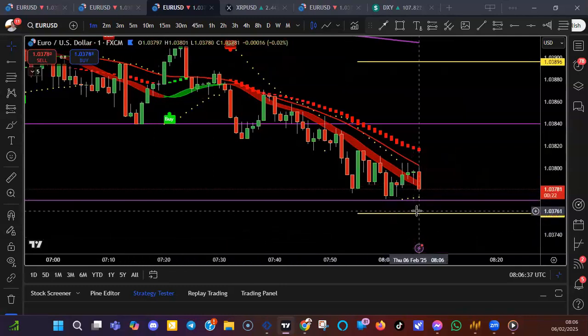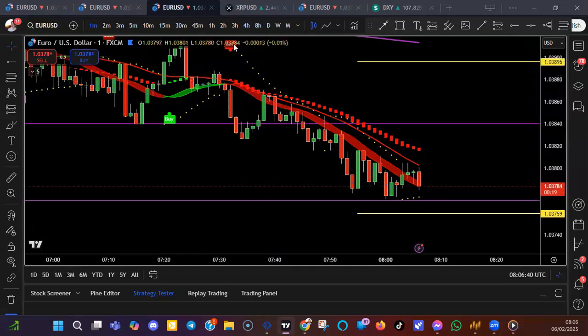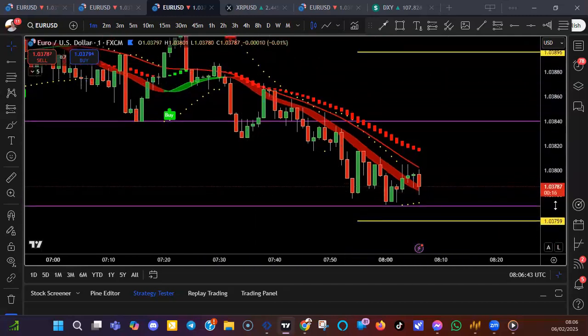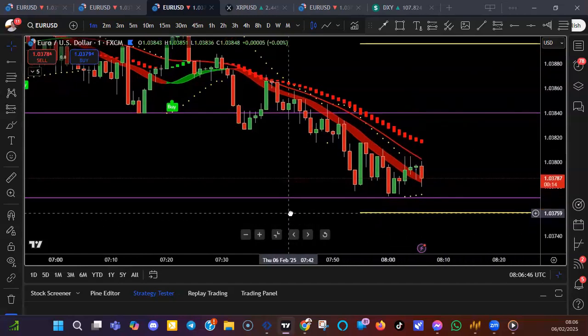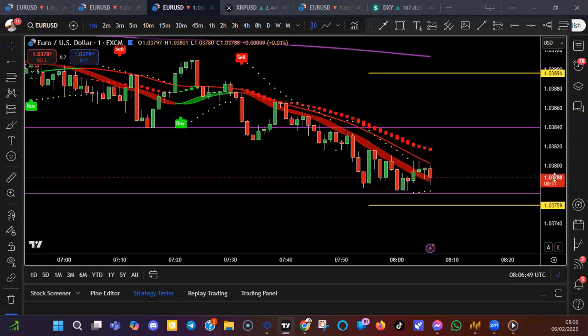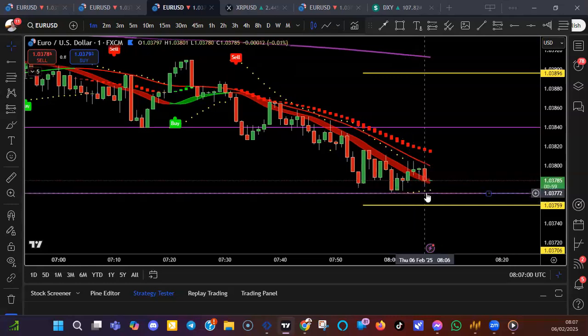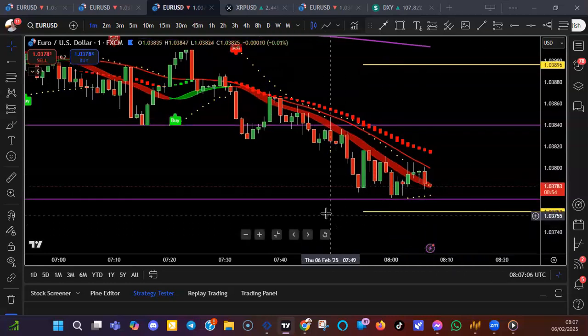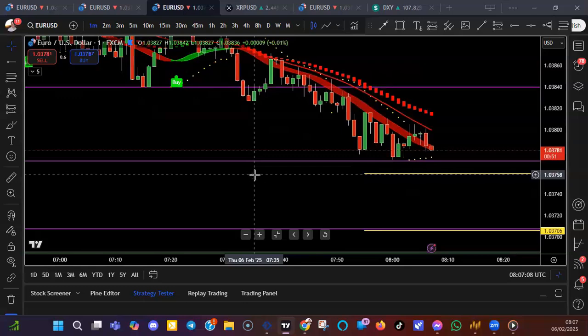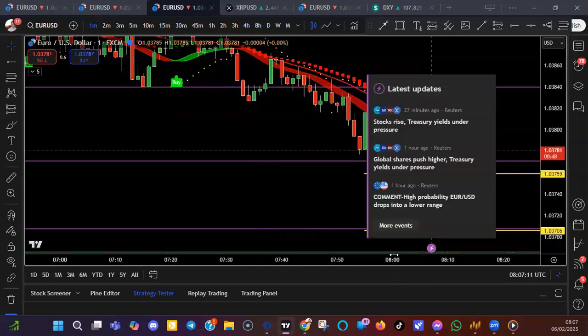So if we break this line here, you would indeed have got your 2% from that trade there. And we are then into the buy zone, and the next alert up for us is a buy. But we are dancing around this area here, the support and resistance line that was drawn up earlier on. Is there enough volume to break it? Because the EUR is fairly low at the moment, but the probability is EUR drops into a lower range.